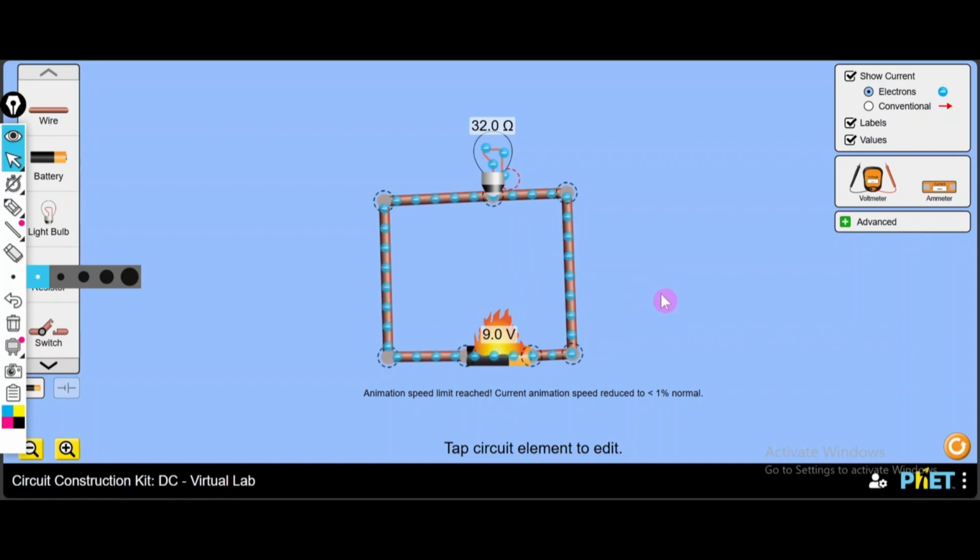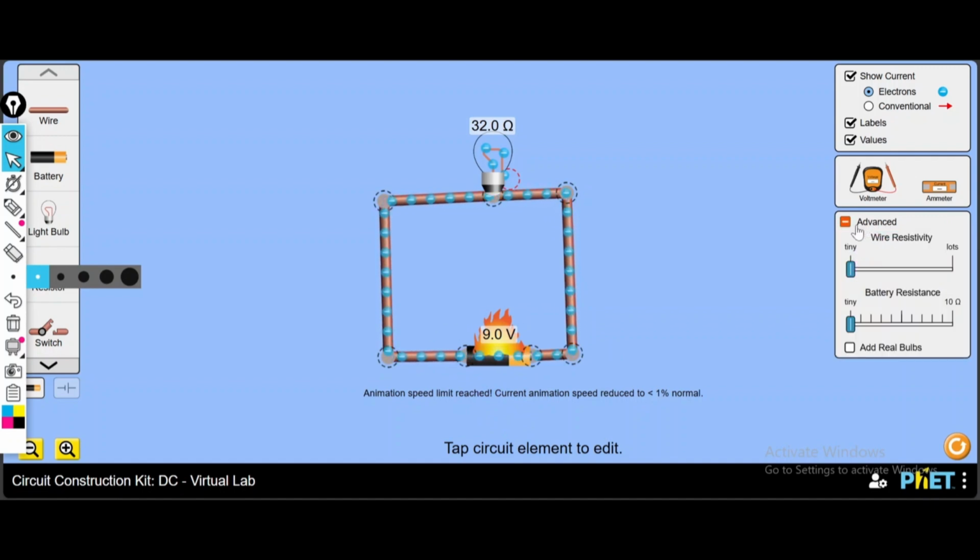Let's click on this advanced option, and here we have the battery resistance. So this is the battery internal resistance. If I put that internal resistance here, this is 2 ohm. 2 ohm is the internal resistance of the battery.